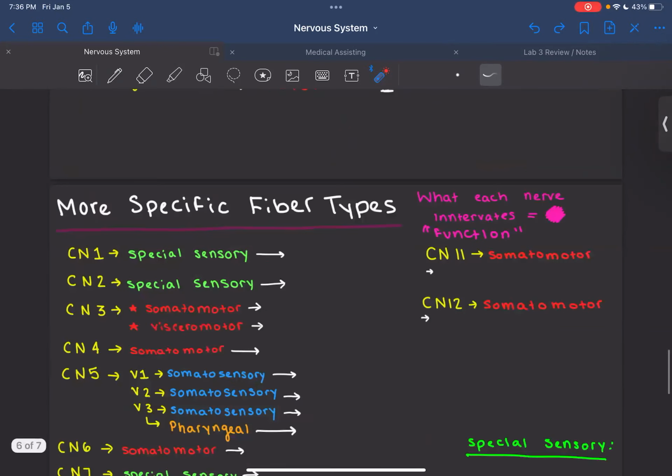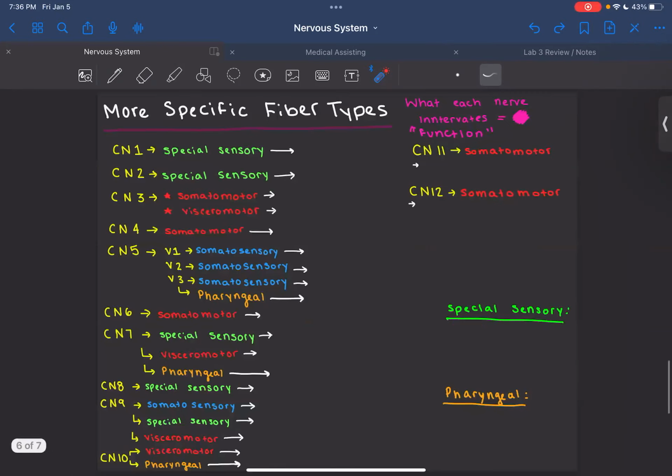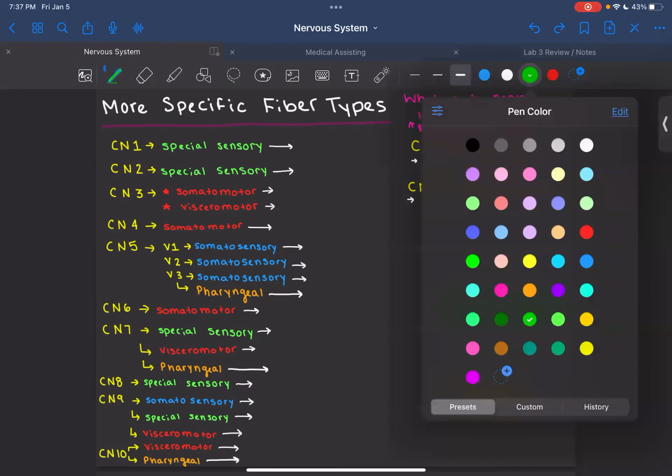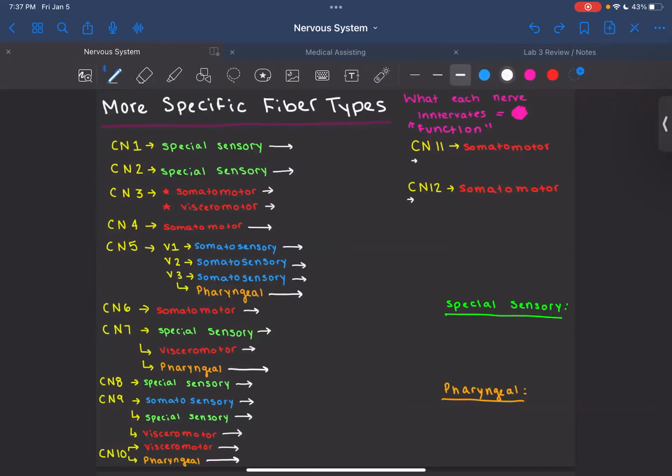So if we go down, we're going to get into the more specific fiber types. So before I go into what each nerve kind of innervates and its functions, I wanted to talk about special sensory and pharyngeal innervation because in my last video I went over somatomotor, visceromotor, somatosensory, and viscerosensory, but I did not go over special sensory and pharyngeal because those are specific cases.